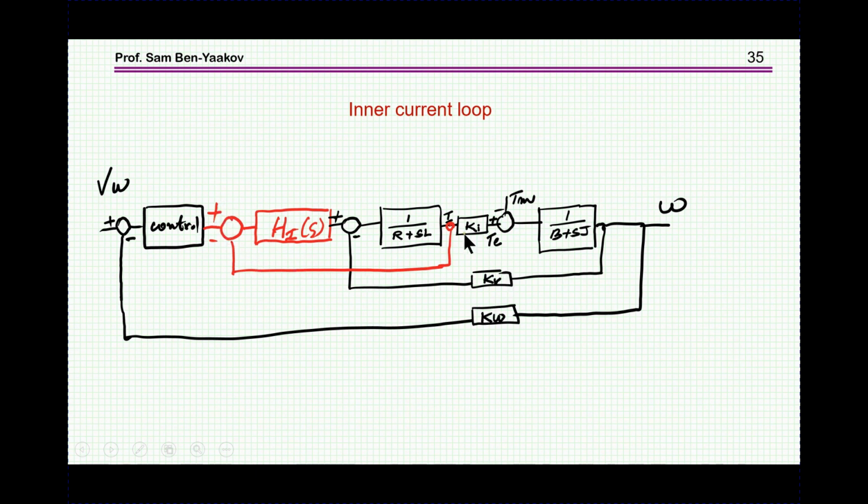So here I'm taking a measure of the current, feeding into a summation junction, and then there is another compensator for the current.